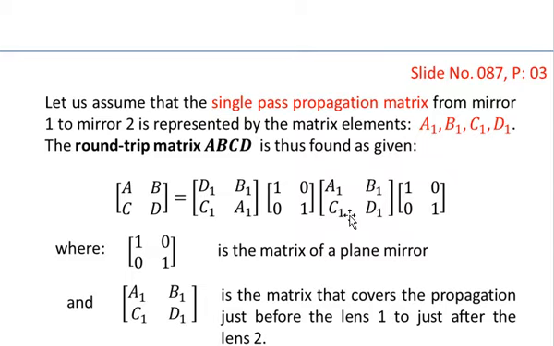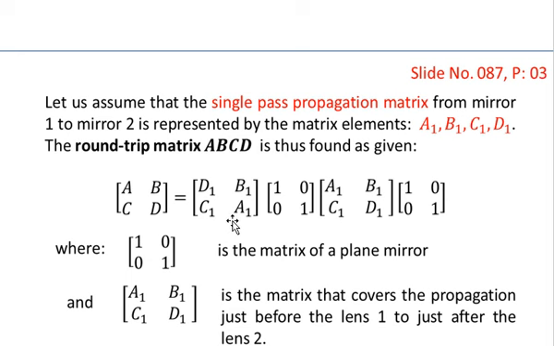And then when the field reaches the mirror M2, it will be reflected back, and the reflection matrix 1, 0, 0, 1 will appear. So this matrix is due to the second mirror. After this reflection, the field will travel back towards mirror M1.